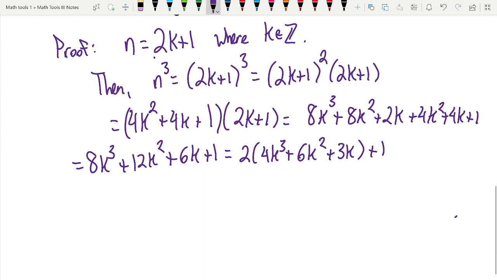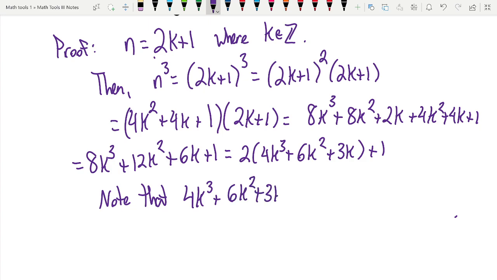We do need to make the jump that this is an integer, but that's fine because integers are closed under multiplication and addition and all that. If you multiply two integers together, you're going to get another integer, right? I don't think that's something we need to really prove. So it's best practice to say that, note that 4k cubed plus 6k squared plus 3k is equal to some number m, which is an integer.